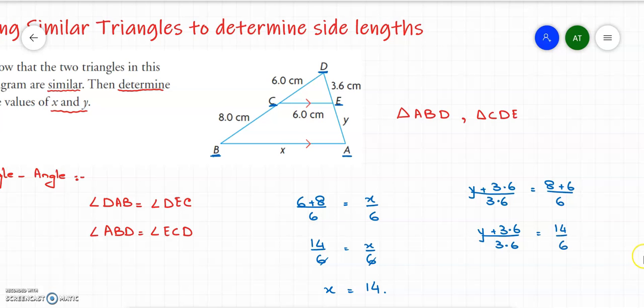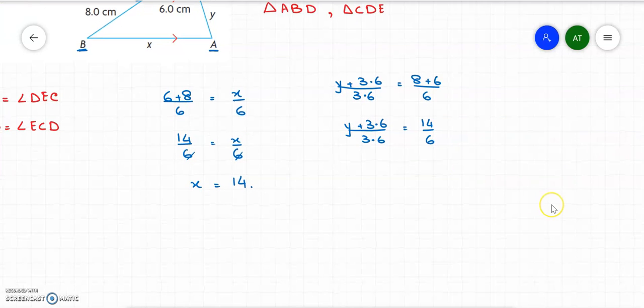To solve for y, first we have to multiply both sides by 3.6 to get rid of the denominator. The 3.6 and 3.6 cancel out, and we are left with y plus 3.6. On the other side we have 14 times 3.6 divided by 6, that is equal to 8.4.